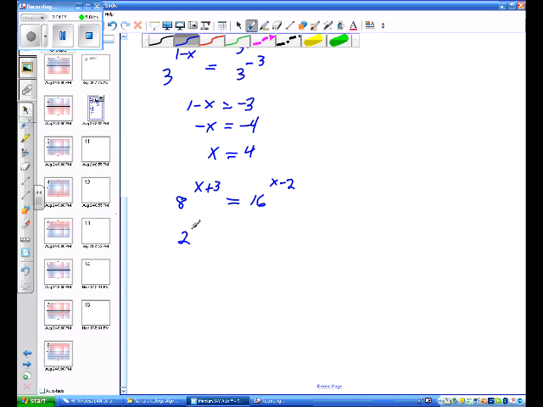So 8 is 2 cubed raised to the x plus 3. 16 is 2 to the 4th raised to the x minus 2. When you raise to powers, you multiply your exponents. And this would be 2 to the 4 times x minus 2. When the bases are the same, then that means that the exponents have to equal.